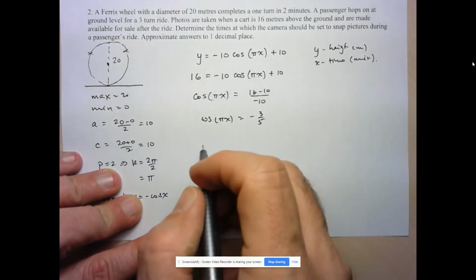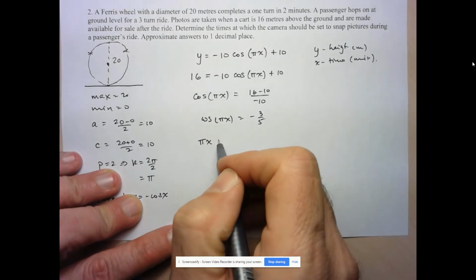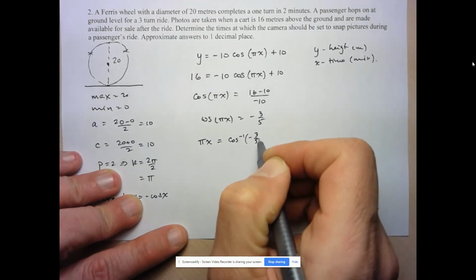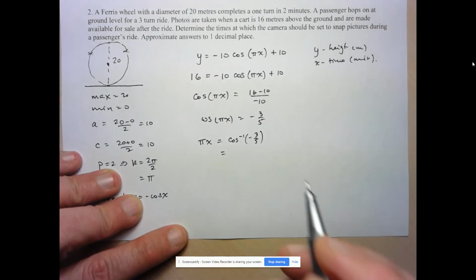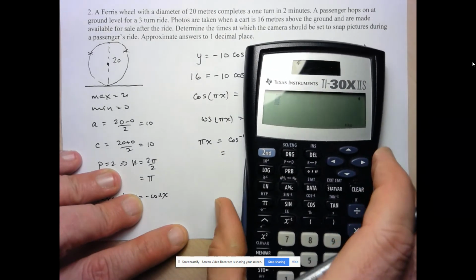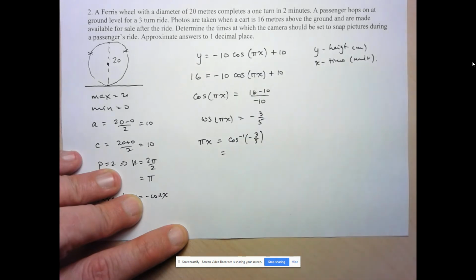We start by using the inverse cosine function to find one of our solutions. So pi x is going to be cos inverse of negative 3 over 5, which, let's get our calculator here, is 2.21.